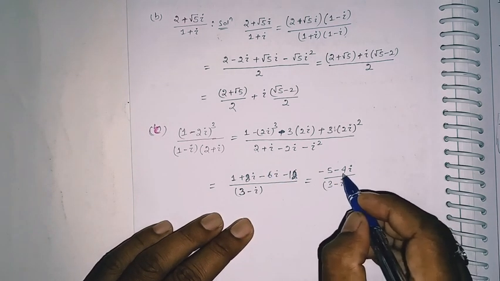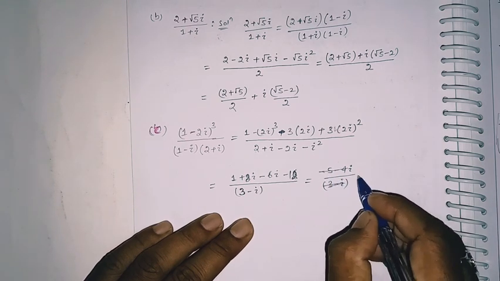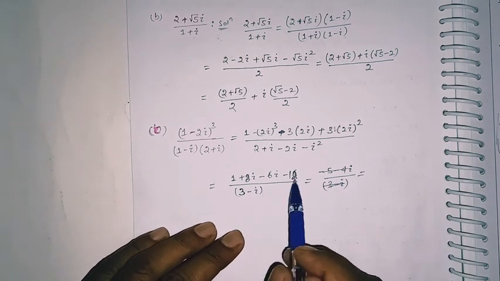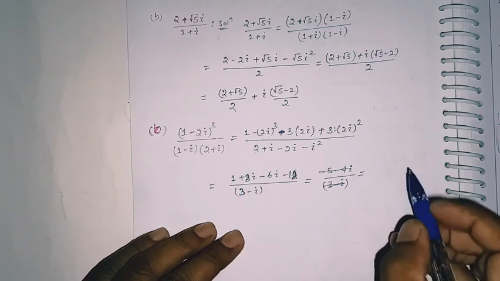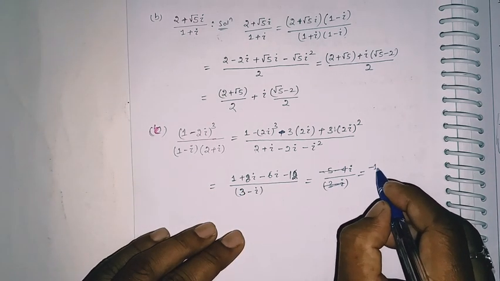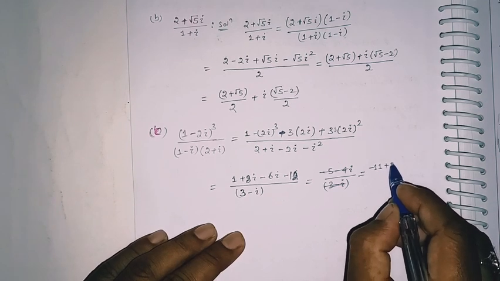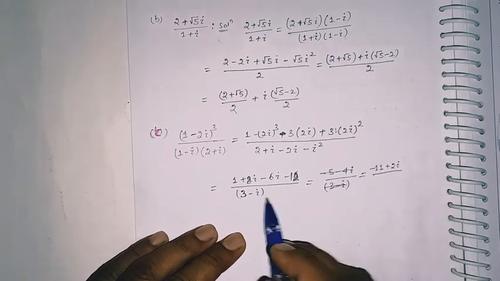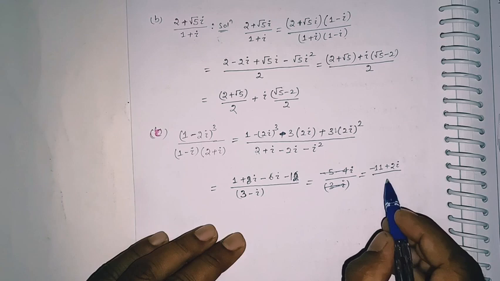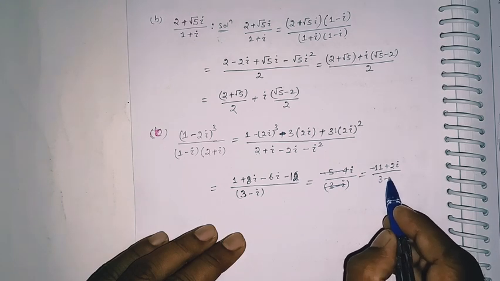And the numerator will be how much? This will be minus 12 plus 1, minus 11, and this will be minus 2 plus 2i, 8i minus 6i plus 2i, by 3 minus i.